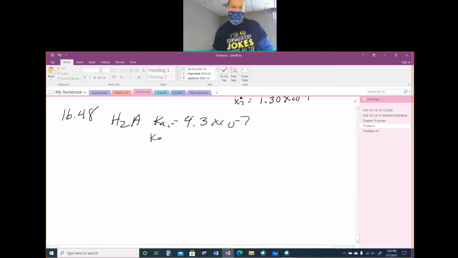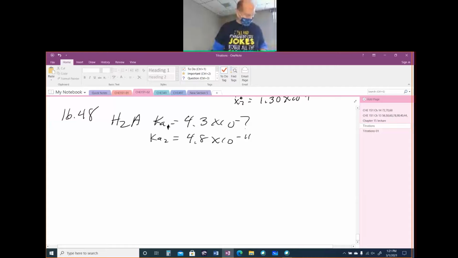You have a Ka2 of 4.8 times 10 to the minus 11. So you can look those up on the chart. Ka2 is always smaller than Ka1. If you had a Ka3, it would even be smaller than the Ka2.